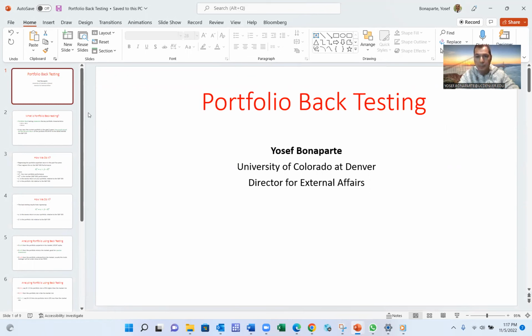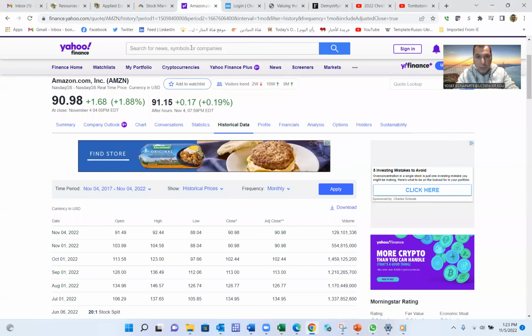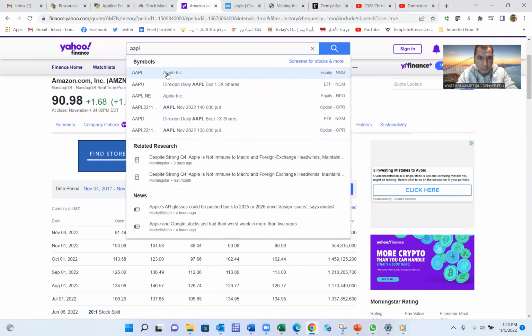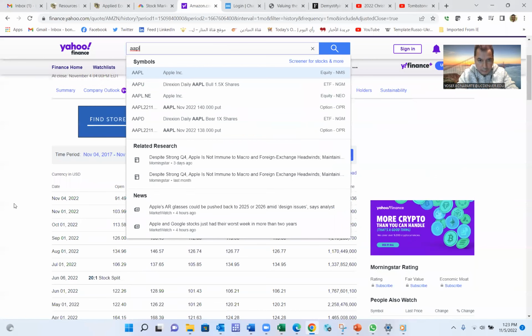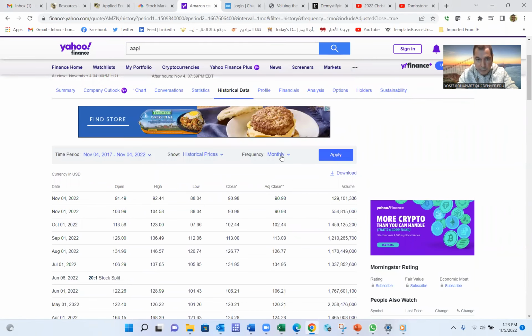Then we're going to go to the next stock, which is Apple. We're going to go AAPL. And we're going to say monthly again, 5 years, monthly, apply, and download.